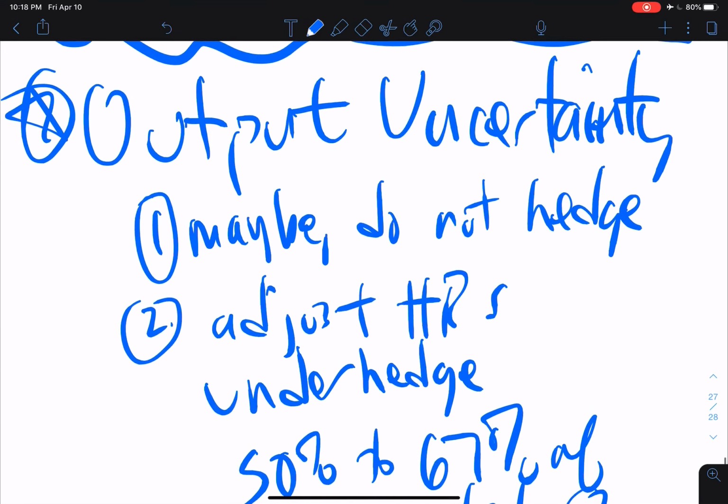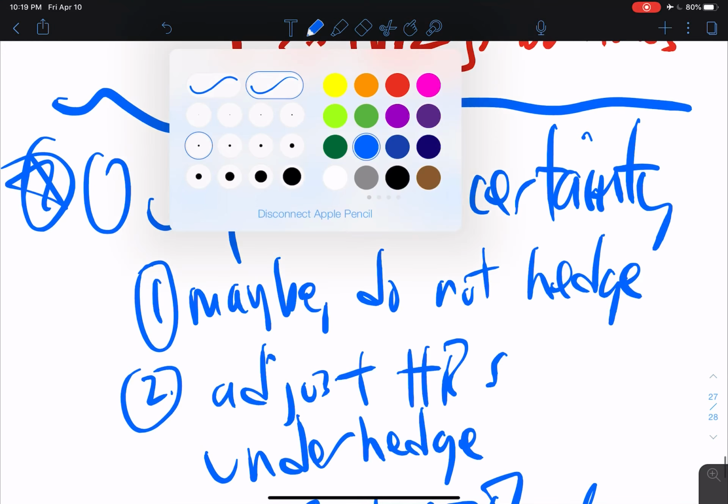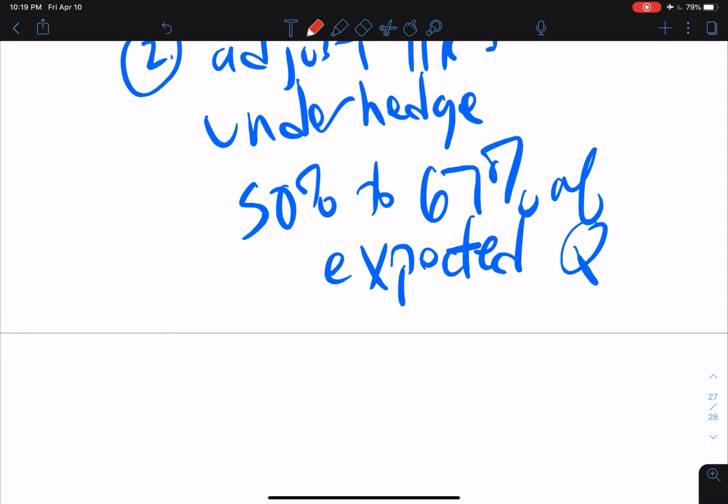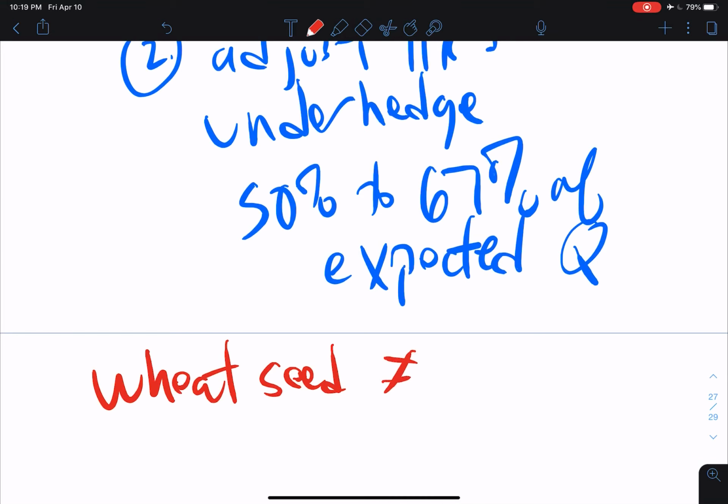And so that's another way of dealing with output uncertainty. It's a big deal. Output uncertainty is a big deal. And one thing I'd like to mention again, for your consideration, is that if a firm is using silver bullion in a production process, it's rather easy for them to hedge the value of the silver inventory if they choose to do that. Okay? But if you're a farmer and you are planting wheat seed and hoping to harvest a lot of wheat, one important thing to remember is that wheat seed does not equal harvested wheat.